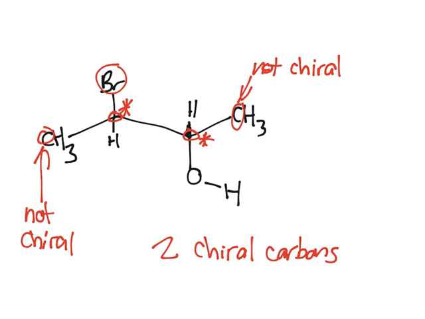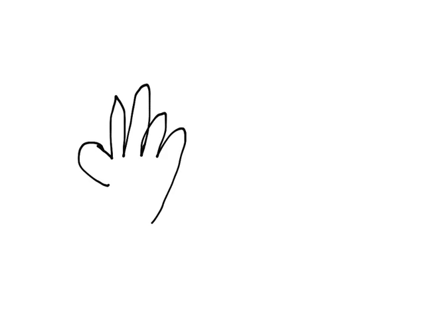So when we talk about mirror images, for example, your hand here, let's draw your 2 hands. So your thumb, index finger. So that's one hand, and then pretend this is a mirror.